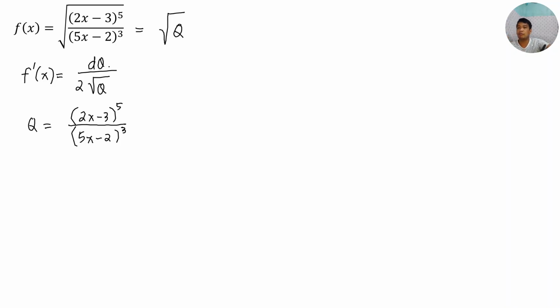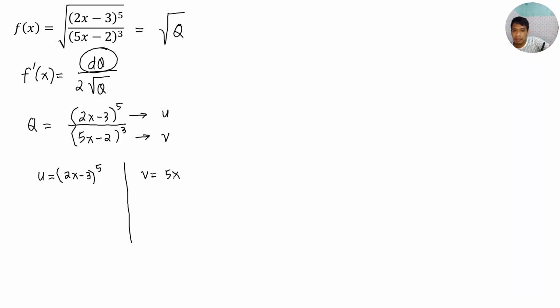So we will find the derivative of q with respect to x. Since q is a quotient of two functions u and v, we set u equal to 2x minus 3 to the 5 and v equal to 5x minus 2 to the third.